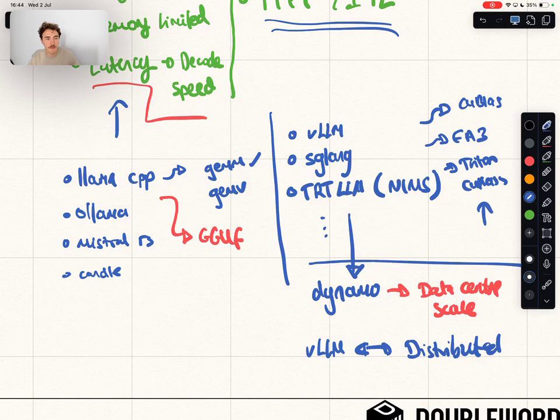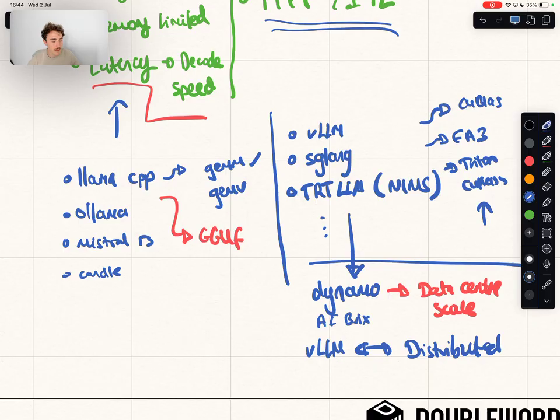And both vLLM and SGLang work on their own distributed, disaggregated prefilling setup. And there are other alternatives that are slightly different, like I think it's called AI Bricks, for example. There are a few that are coming out now, but this is expanding the scope of what an inference engine does into the more distributed world.